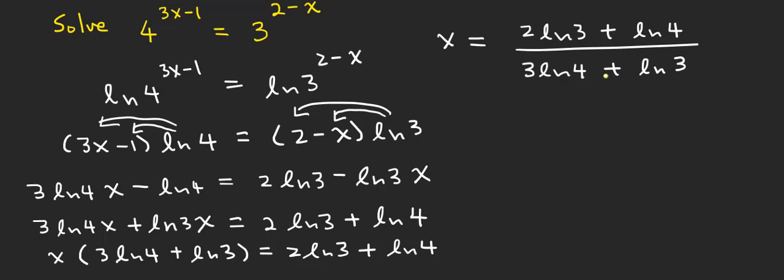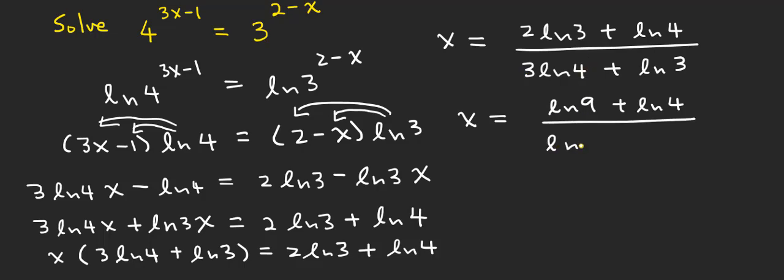Now we're not done yet because we could simplify this. Using the properties of natural log, that 2 becomes the exponent, so you get natural log of 3 squared, which is natural log of 9, plus natural log of 4, over 3 becomes an exponent, so you end up getting natural log of 4 to the third power, which is 64, plus natural log of 3. And notice, we could use the product property.